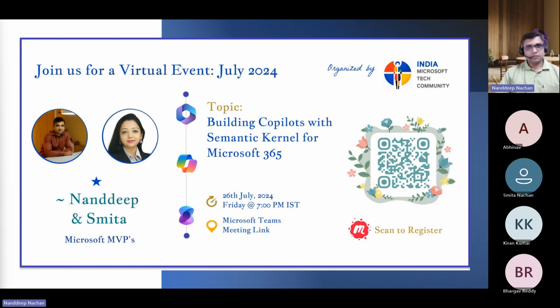Semantic kernel comes in very handy whenever you want to create your copilots or give some more intelligence to them. So this is what we are going to cover today: using semantic kernel, how you are going to give more intelligence to your copilot.